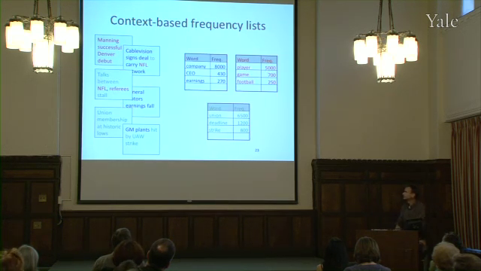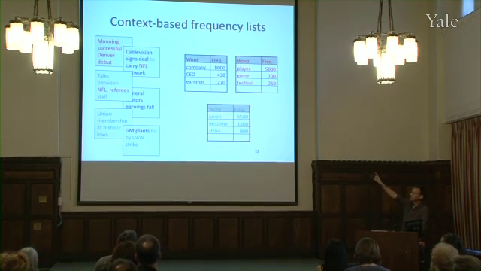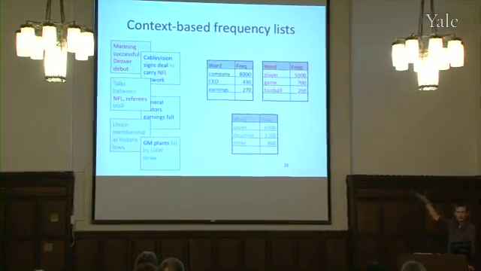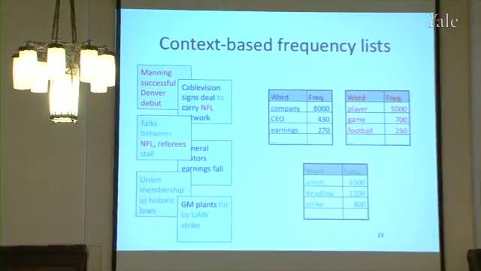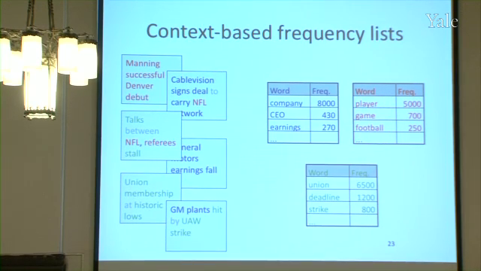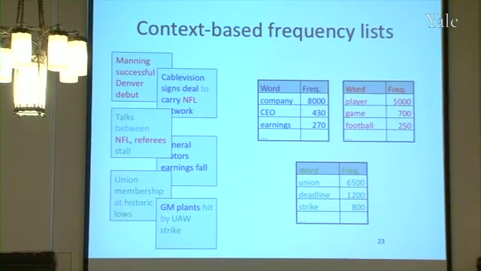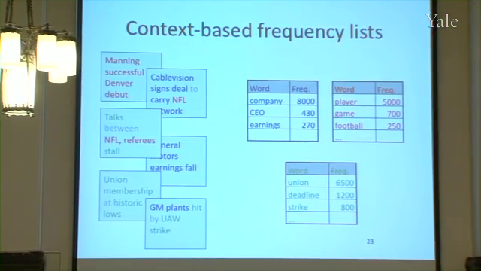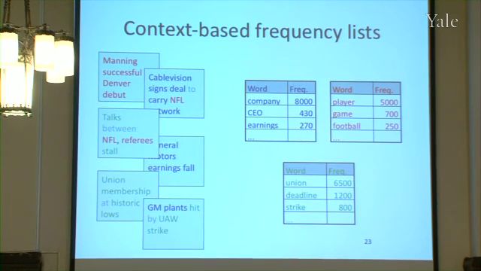And I could also do things like, if I had all these words colored in like that, then I could count up all of the blue words, make a list of all my distinct words, and create these little word frequency tables. So for example, the blue category, it's got a very large number of the word company, slightly less CEO, slightly less earnings. And I can represent that category by looking at those most frequently occurring words.